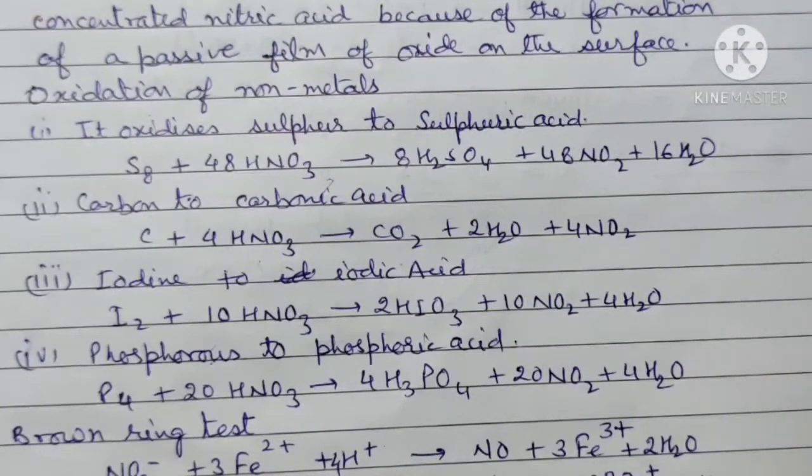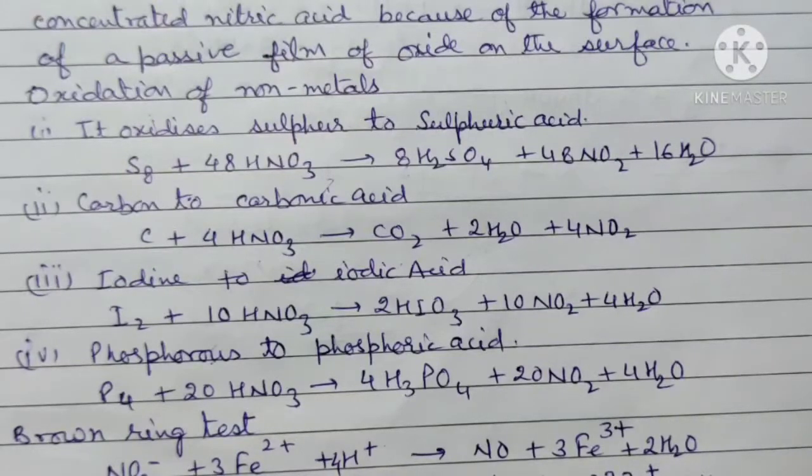When we take a solution of metal nitrate and add ferrous sulfate to it, the ferrous ion will be oxidized to ferric ion. And when we add sulfuric acid, the ion will be hydrated, and then the nitric oxide which is formed here will combine with this complex ion, and it is called nitrosoferrous sulfate.